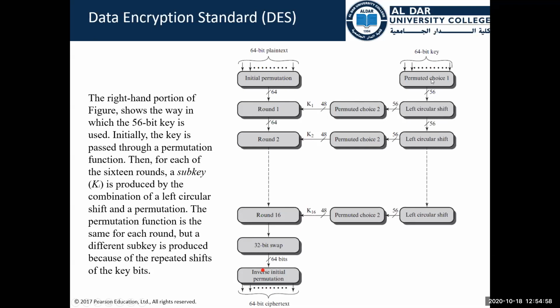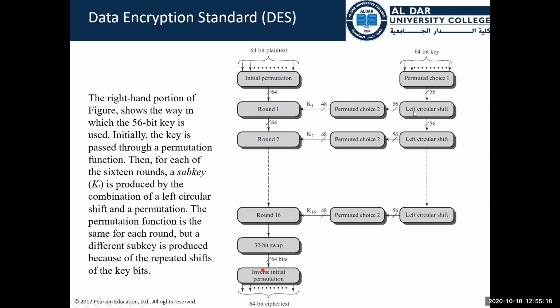We have one key, and we create multiple keys, K1, K2, up to K16. The subkeys which are created should be completely different from the original key.